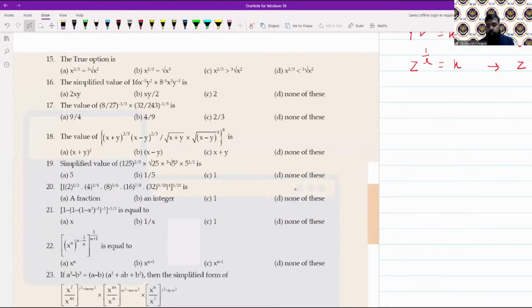Now try the 15th one. Question number 15. So what will be the correct answer? A, B, or C? For question number 15, let's see what is the correct answer.